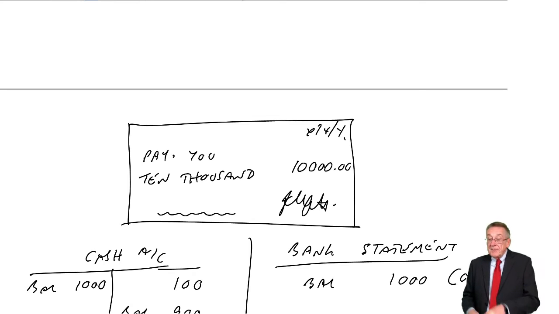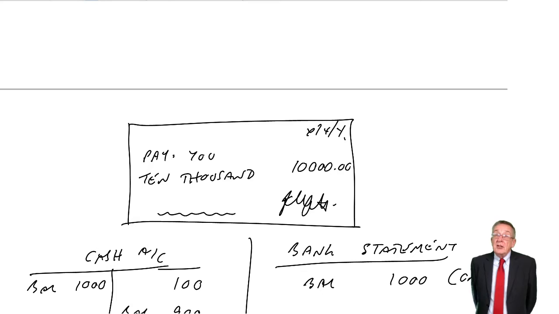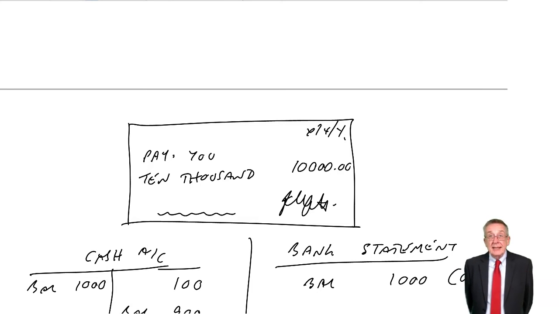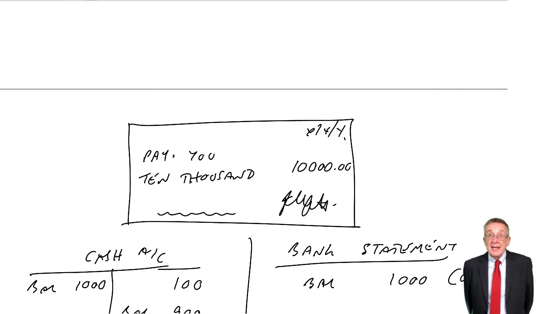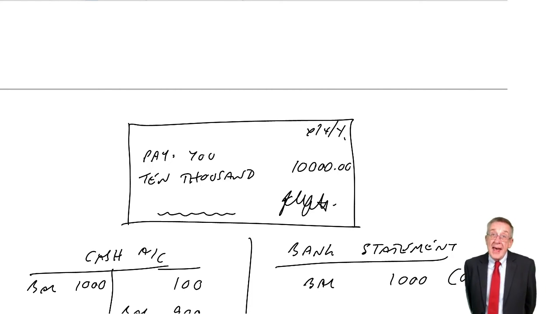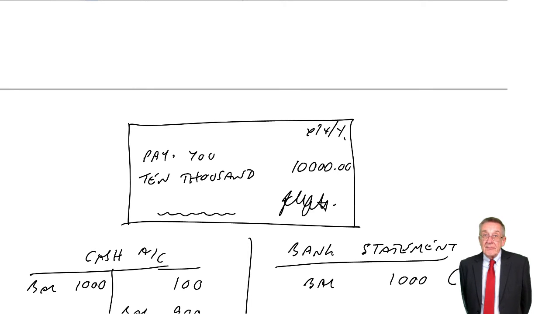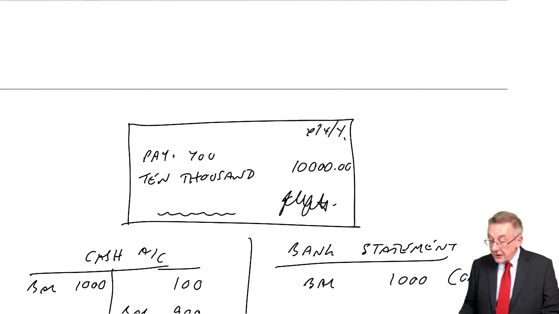And so what happens? You take that cheque to your bank. Your bank contacts my bank. My bank, instead of transferring the money, they come back and say there is no money there. And your bank contacts you and tells you there's no money. Now that's called a dishonoured cheque.